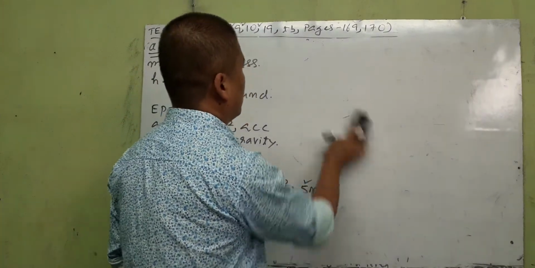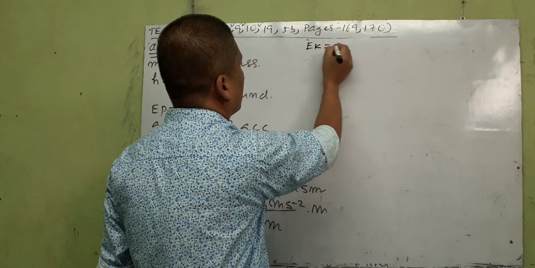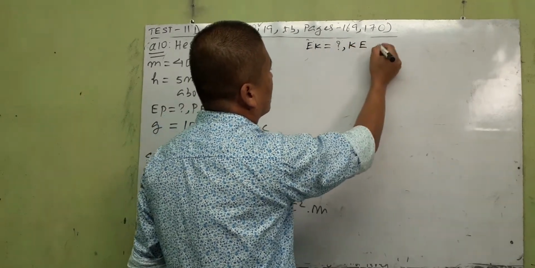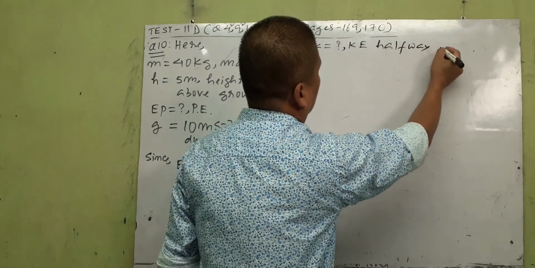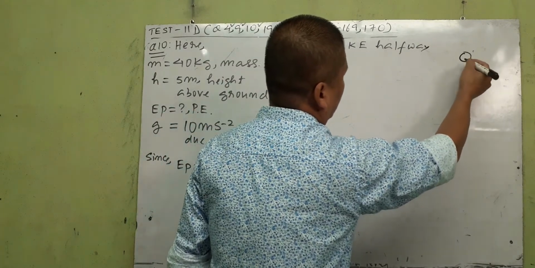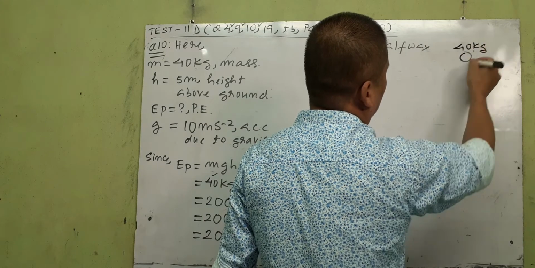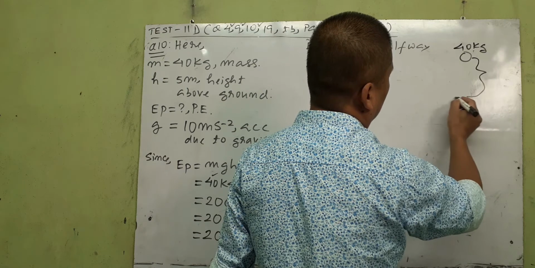Then we have to calculate the kinetic energy halfway down. So let us write here EK equal to question mark is equal to kinetic energy halfway. So that means the object is here, 40 kg object, and then it is at a height of, this is the ground.